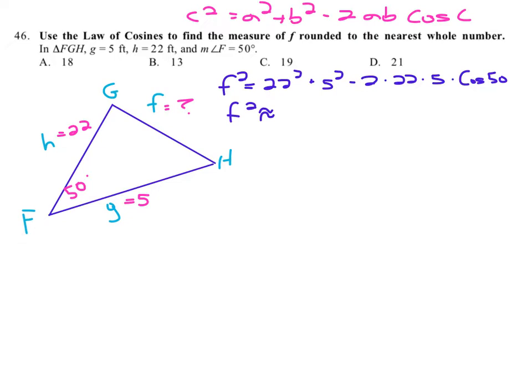We can say 22 squared plus 5 squared minus 2 times 22 times 5 times cosine of 50, close parentheses, equals, and I get this number that I'm not yet going to round off.